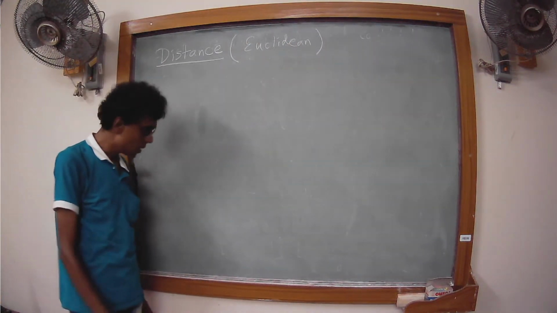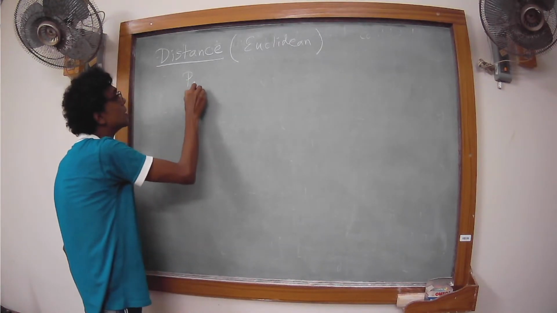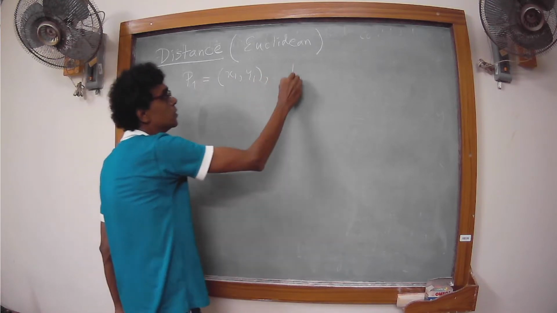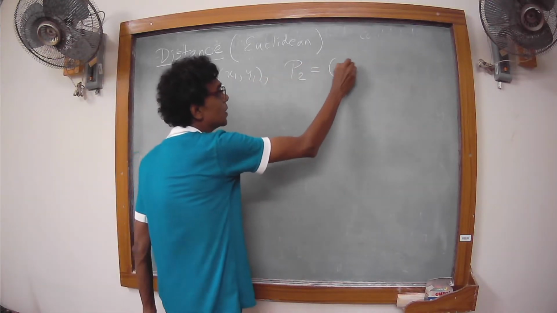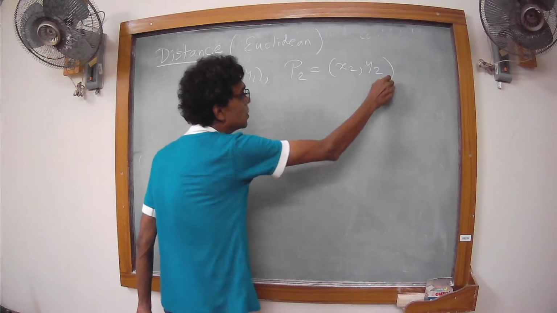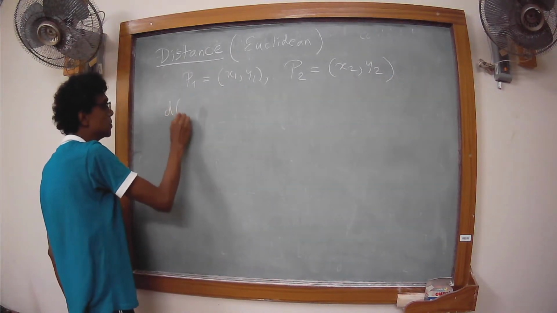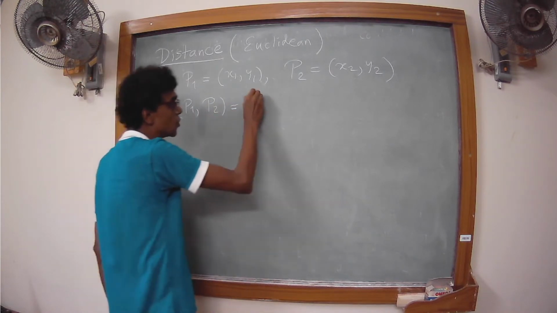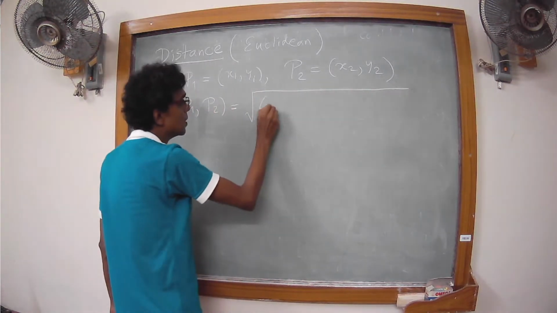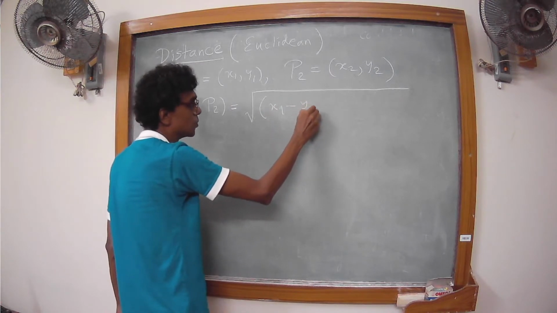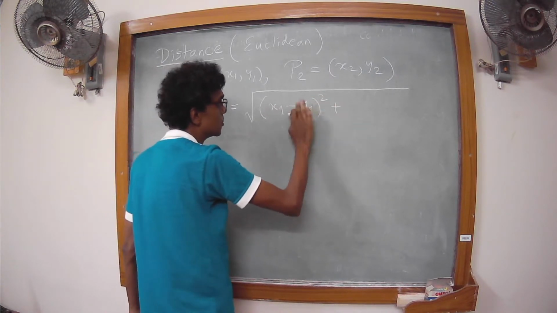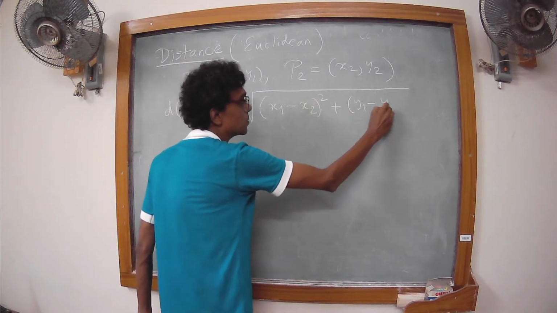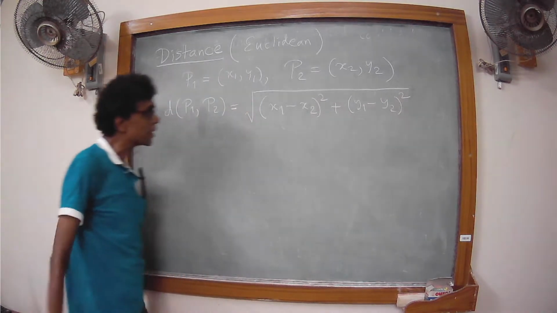So basically, if P1 is x1, y1 and P2 is x2, y2, the distance between P1 and P2 is nothing but the square root of (x1 minus x2) square plus (y1 minus y2) square.